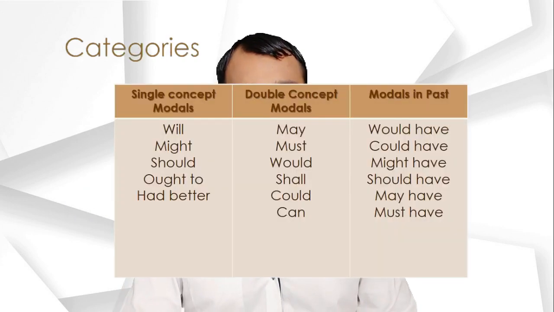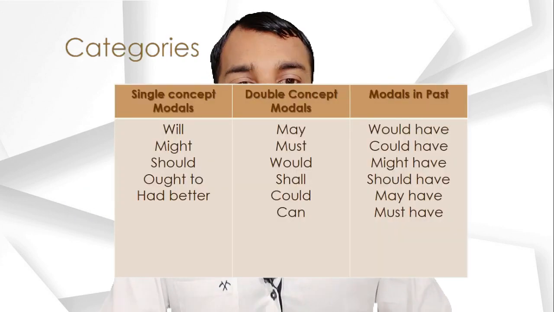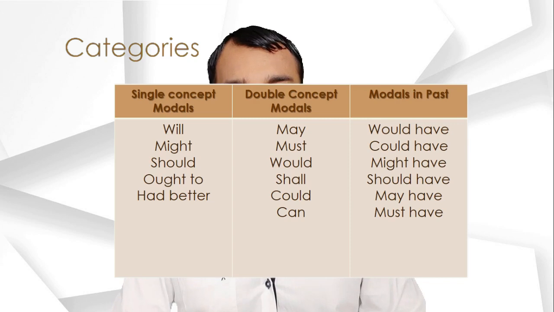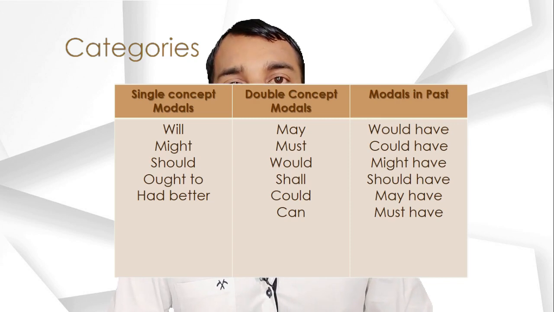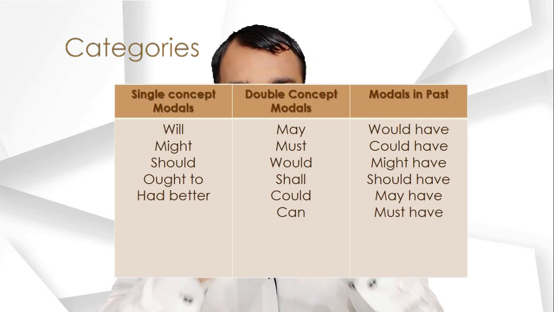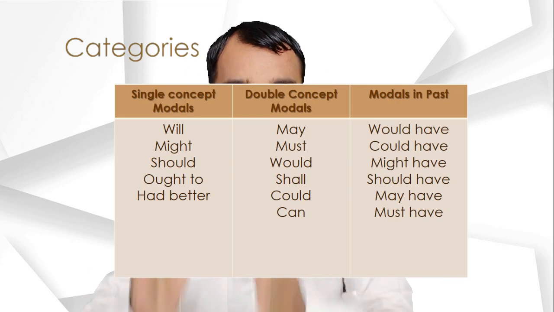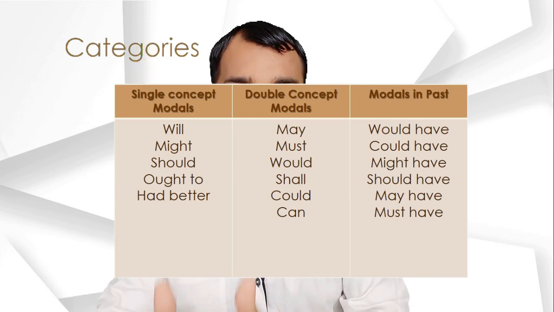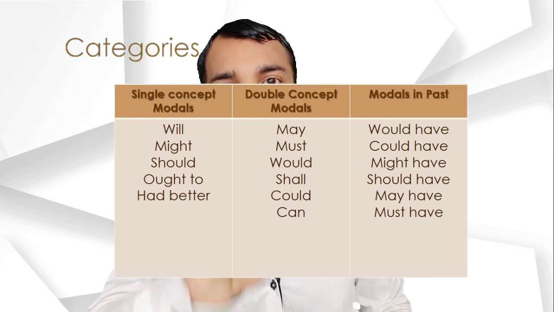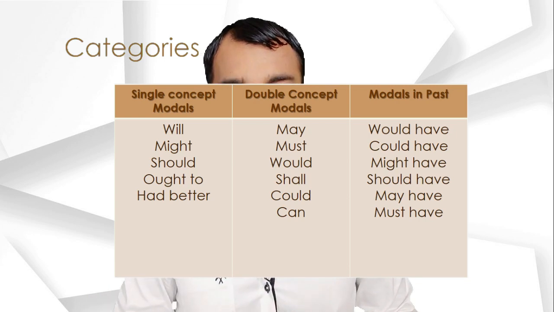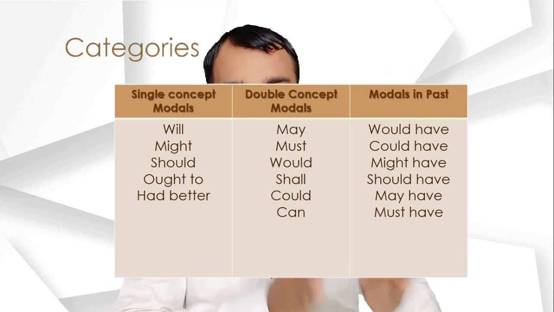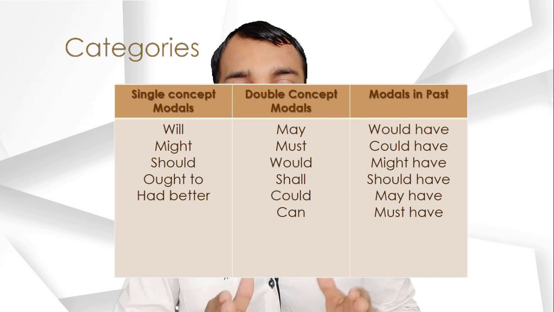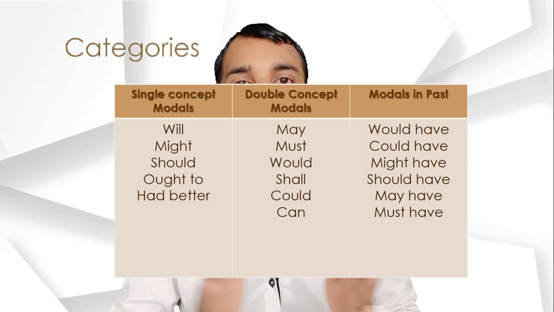First one, the categories are these. Single concept models are will, might, should, ought to, had better. It means that all these categories of models have only one meaning, a single concept. And double concept: may, must, would, shall, could, can.